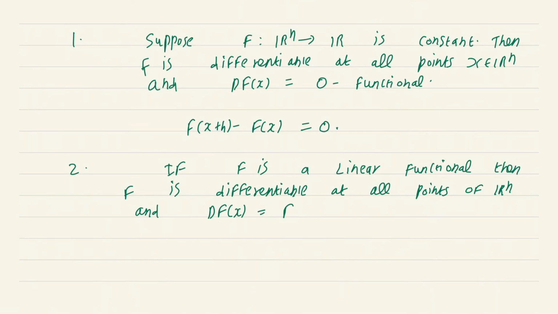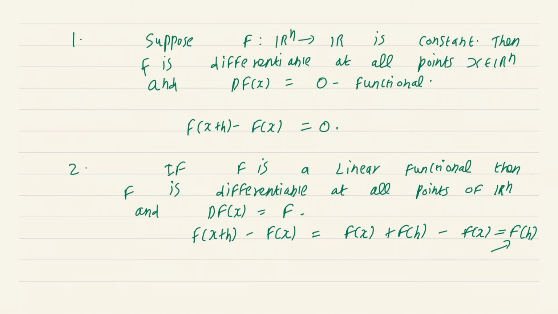Now this is again obvious because f of x plus h minus f of x is just f of x plus f of h minus f of x, which is just f of h. So we can just take the linear functional f in the definition of the derivative and take it as the candidate derivative and take e to be 0 again.